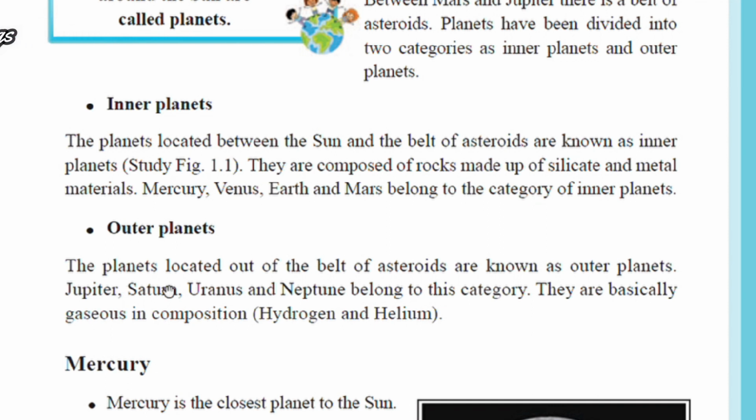Here also we can see 4 planets. They are basically gaseous in composition. They are made out of gases. What are the gases? Hydrogen and helium.